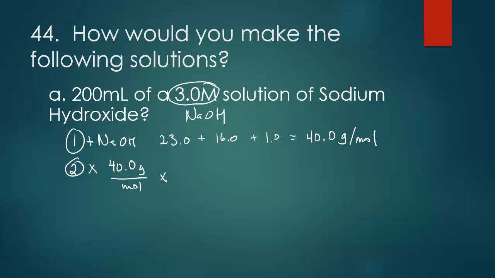Now I'm going to multiply it by the full version of molarity. Molarity is moles per liter. So notice that the moles cross out, giving you an answer in grams per liter. So 40 times 3 is the same as 4 times 3, but with a 0. It is just multiply. 120 grams per liter.